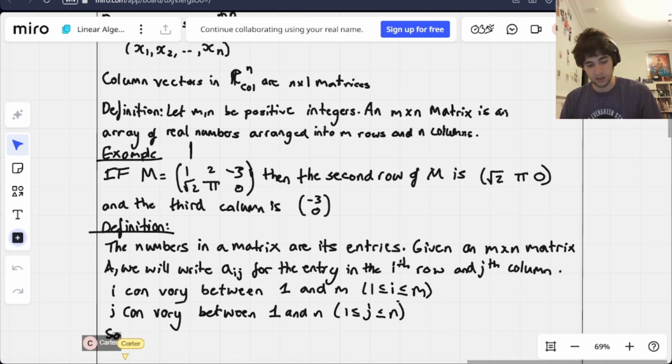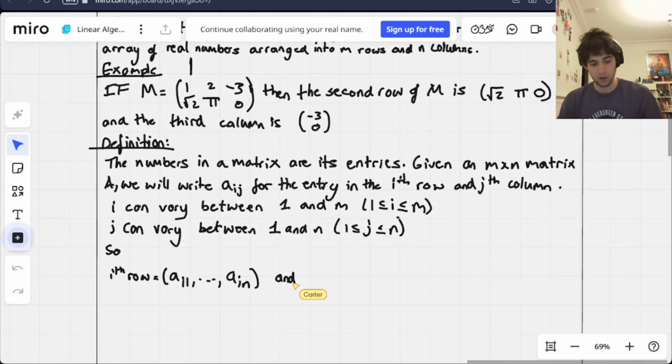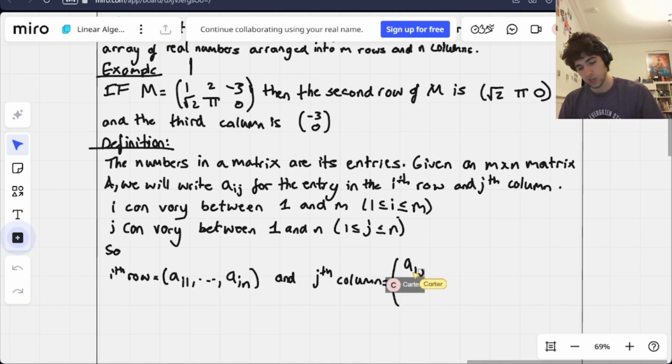So the ith row is given by ai1 all the way up to ain, and the jth column is given by a1j all the way down to amj, right? Because we have m rows.